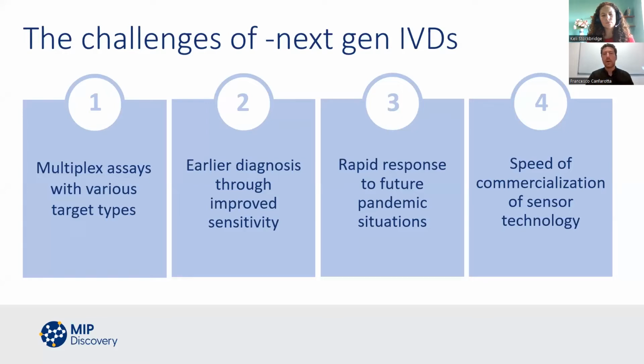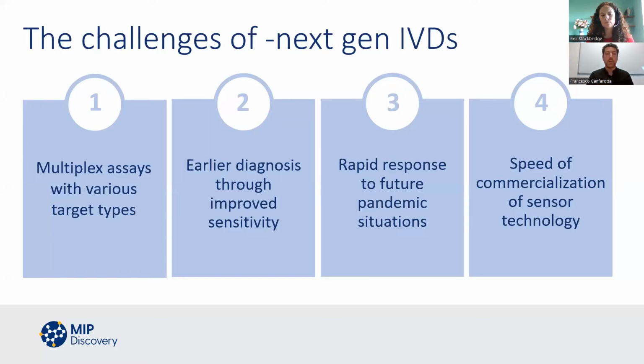Now, starting from the challenges, what are the current challenges of the next generation IVDs? Well, they can be summarized by the following 4 points. First of all, multiplexing. As you can imagine, the end user usually wants to detect multiple target molecules simultaneously. And this is ideally regardless of their molecular size. So it ranges from ions to small organic molecules, peptides, or proteins.